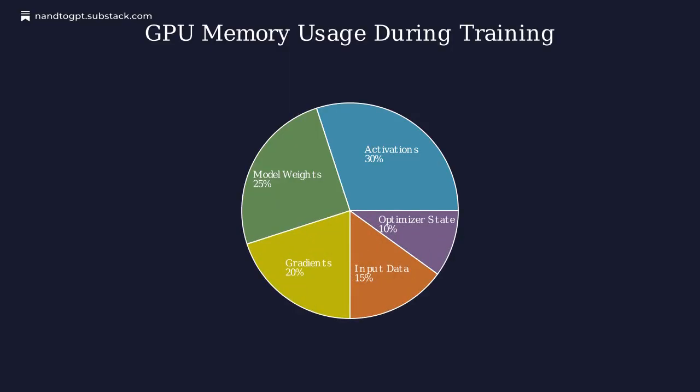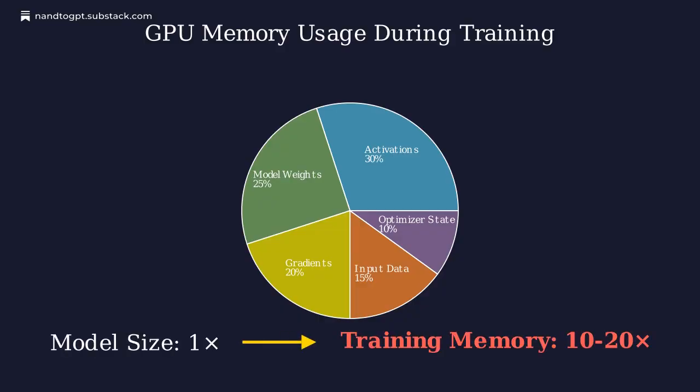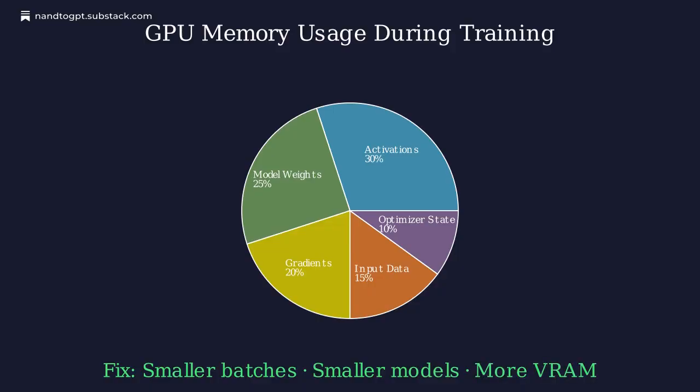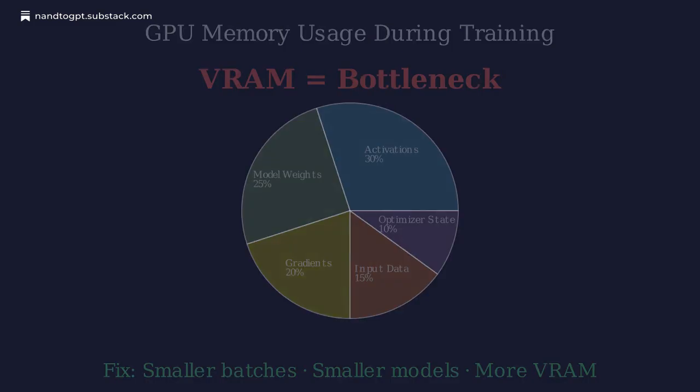A large model can easily need 10 to 20 times its weight size during training. When you try to allocate more than exists, it results in an error. The fix: smaller batches, smaller models, more GPU memory. This is why people obsess over GPU specs. VRAM is the bottleneck. And why NVIDIA's A100s with 80 gigabytes cost as much as a car.